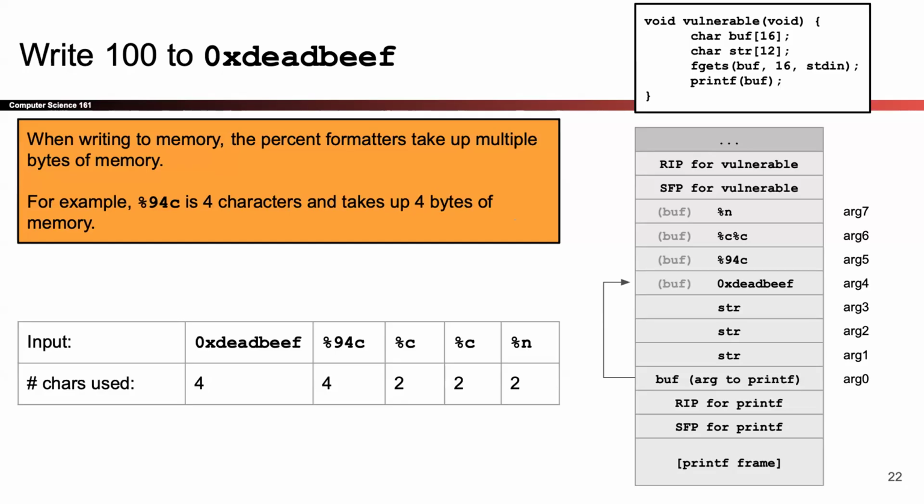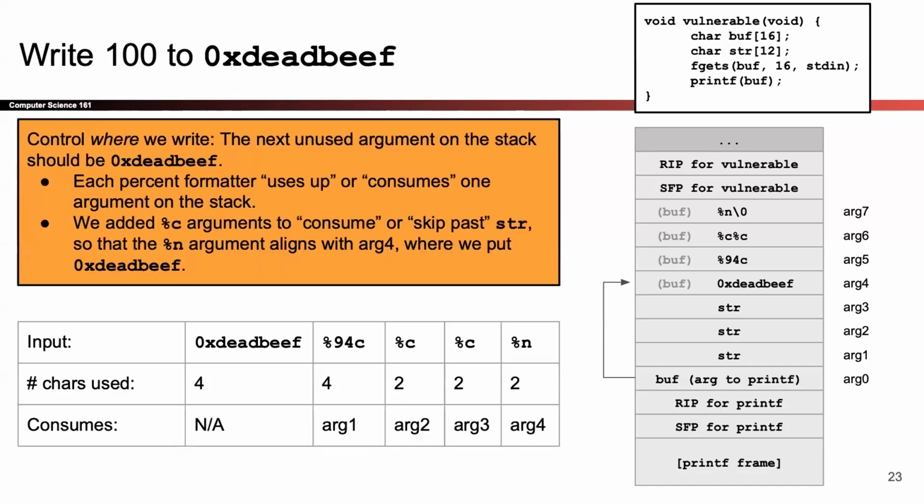So it starts looking for four arguments. The first argument should be treated as a character. So the first argument is arg1, marked over there, and it's going to print out whatever's stored in the stack at that location, which in this case is the first 4 bytes of str.